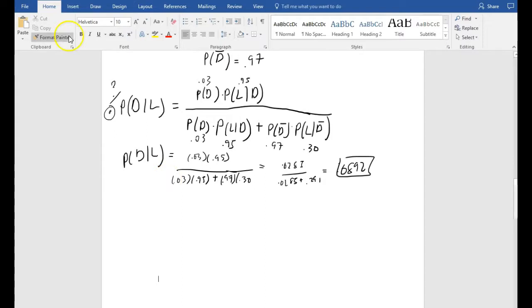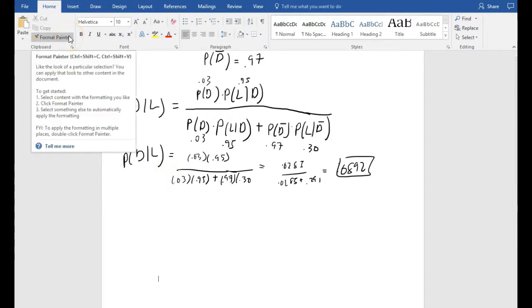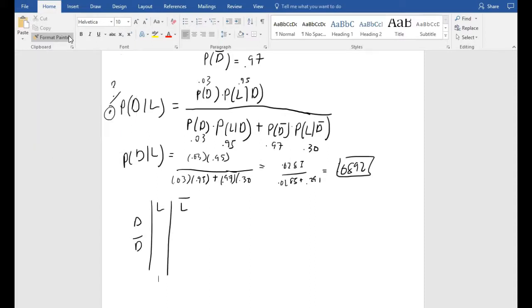So I'll just first form a contingency table, and the contingency table will be D, not D, L, not L. So we write down what we know.